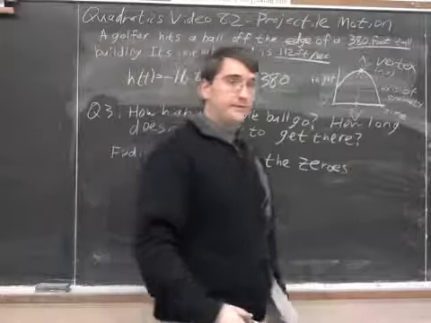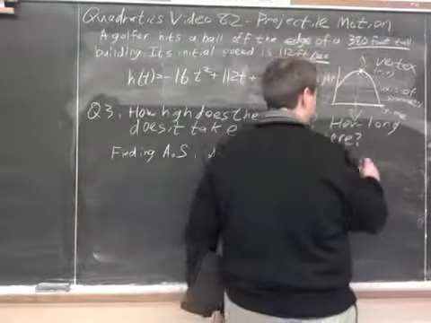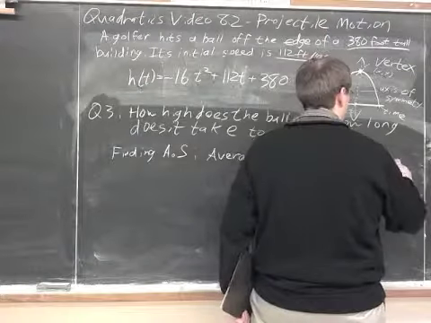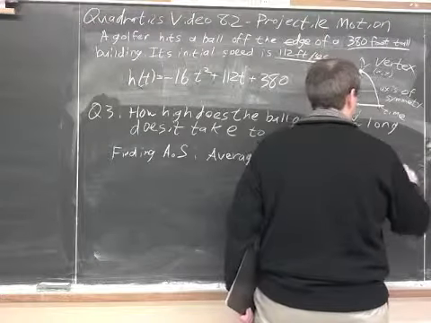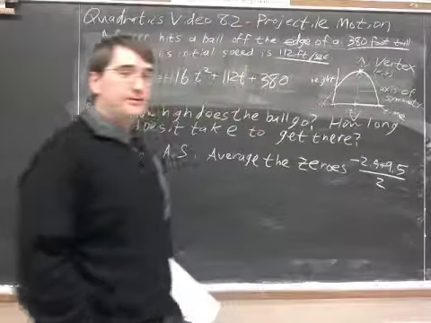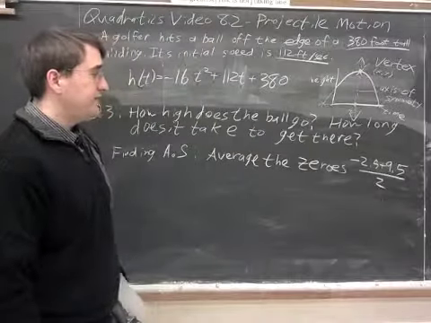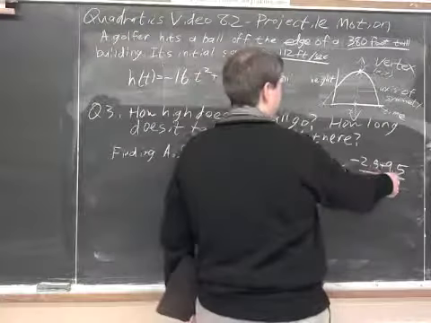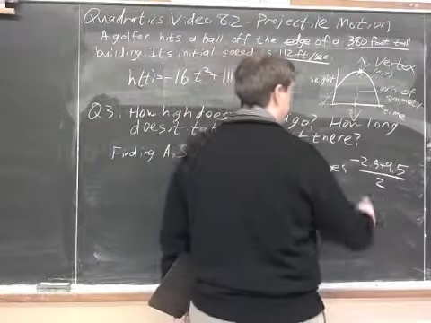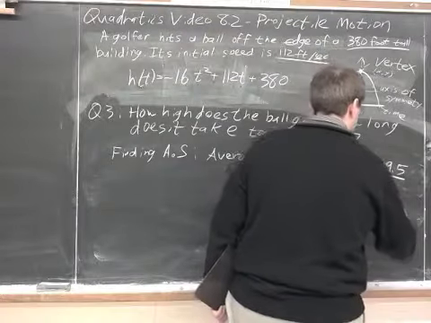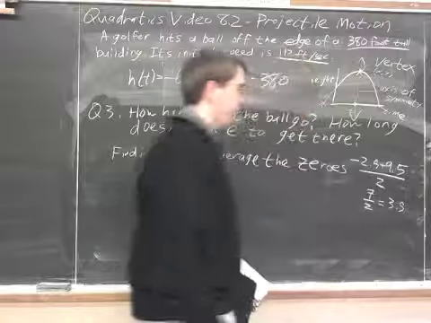If you remember from the previous video, our zeros are negative 2.5 and positive 9.5. There's 2 of them, so I'm going to add them up and divide by 2. Negative 2.5 plus 9.5 divided by 2. Negative 2.5 plus 9.5 is 7, divided by 2, 3.5.